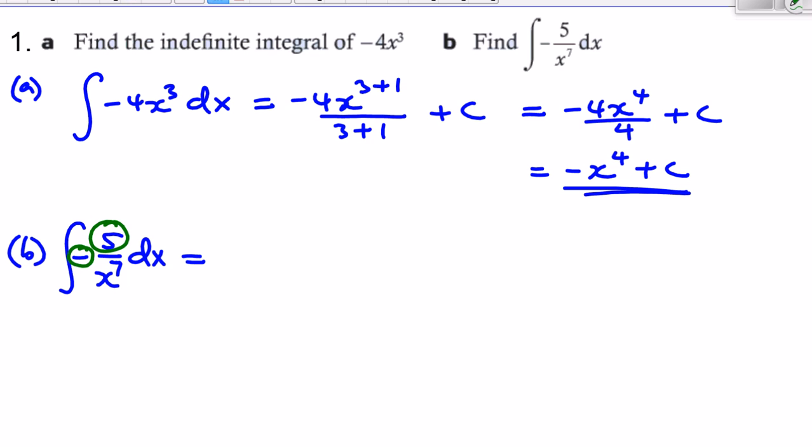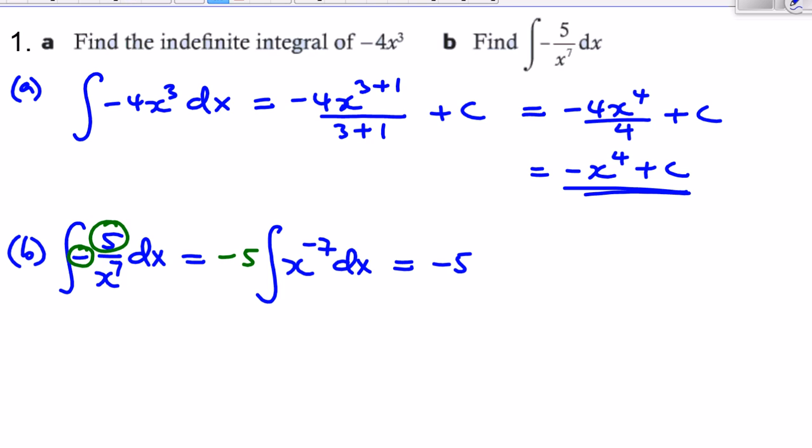You can pull them outside the bracket to end up with negative 5 integral of 1 over x to the power 7, and 1 over x to the power 7 can be written with a negative power. Okay, and then you finish this off by integrating it, of course.